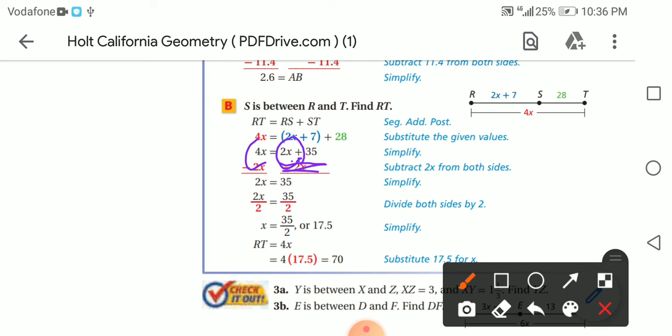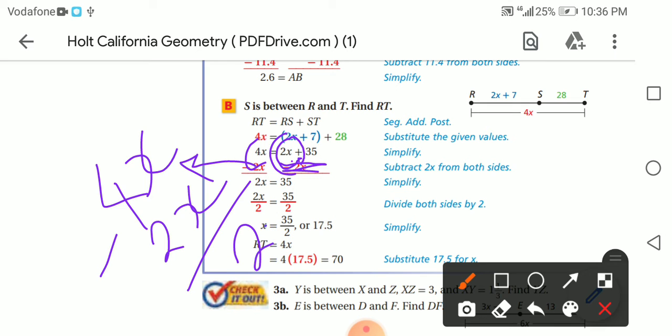So, in other words, I can say subtract 2x from both sides. When I subtract 2x from 4x, it gives you what, my dear students? 2x.